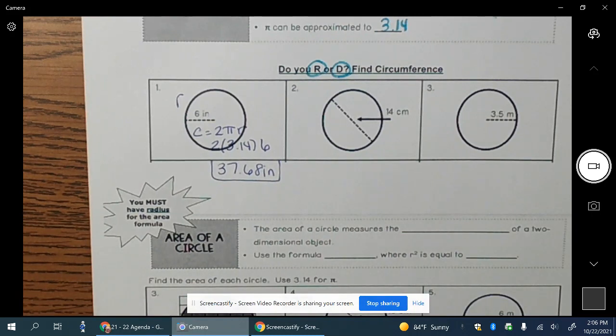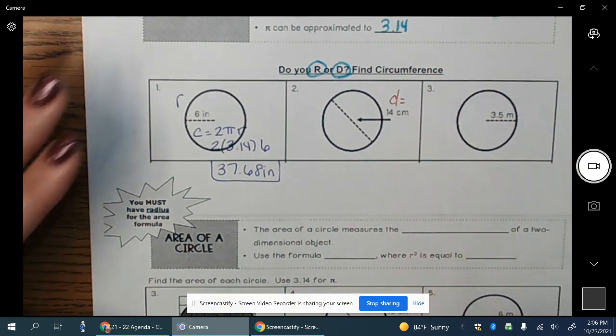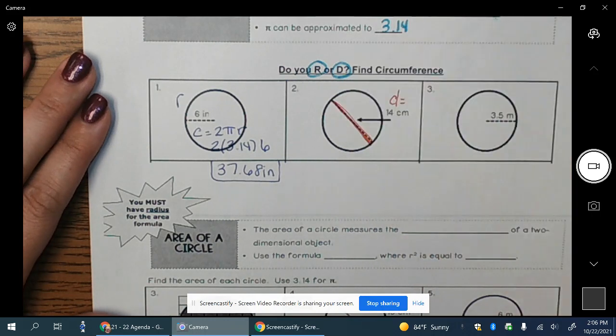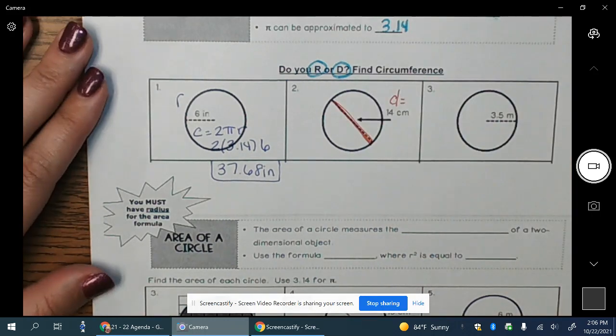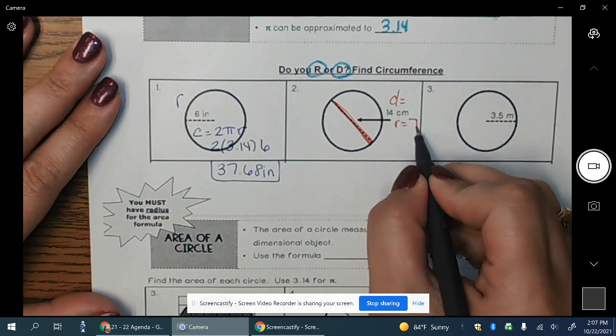Again, we're not doing anything new. We're just practicing the formula because we haven't done it since last year. All right? On number 2, what part of the circle did they give me? Okay, how do you know it's the diameter? All the way. So if I asked you to find the radius, could you? Yeah, what's the radius? 7.